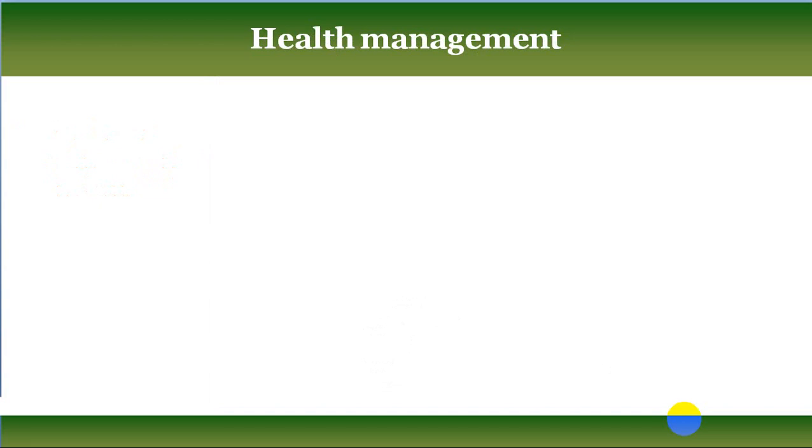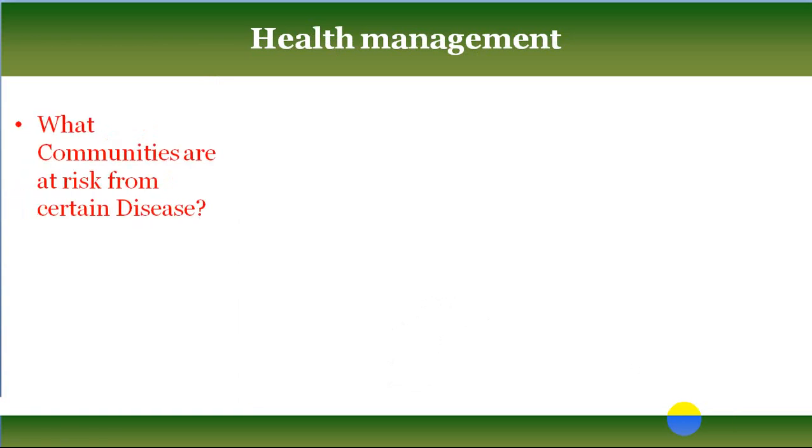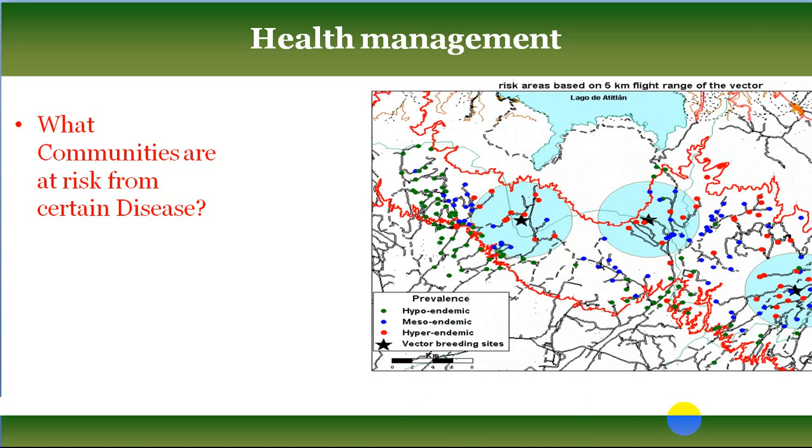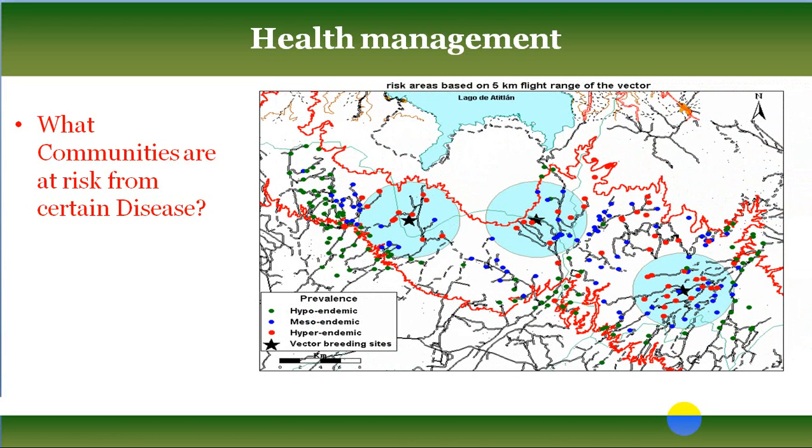Health management is there. What communities are at risk from certain diseases? When a disease spreads throughout the city or an area, if you identify the patients' locations and the disease locations, then you can create a zone or buffer, and find out what communities are present within this risk zone.